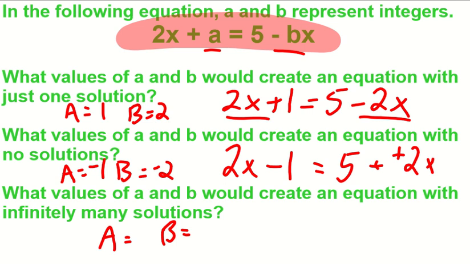For infinite solutions, the constants have to match, right? What's the constant on the right side? 5. So that means A has to be 5. B is the coefficient. The coefficients have to match. So it's just like the last one. It's got to be -2.